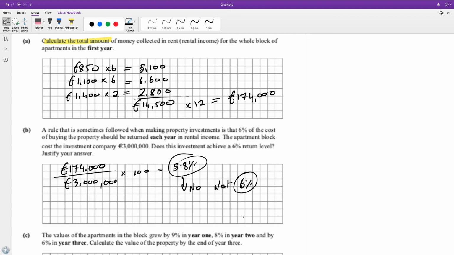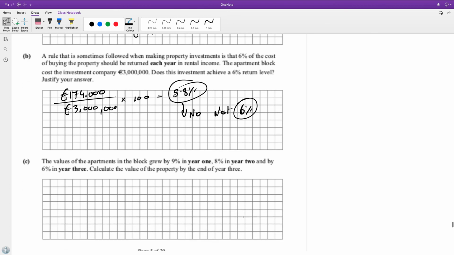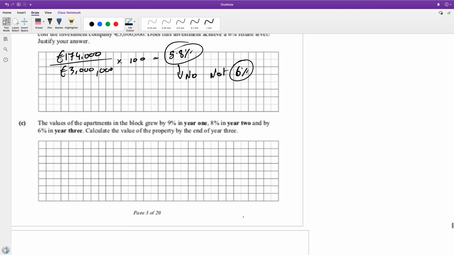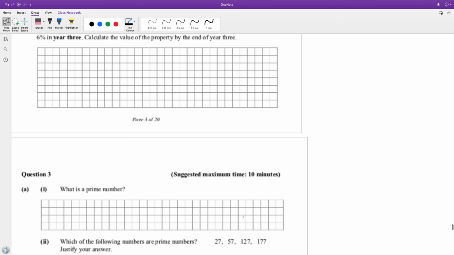Yeah, it grew. The value of the apartments in the block grew by 9% in year 1, 8% in year 2, and by 6% in year 3. Right?